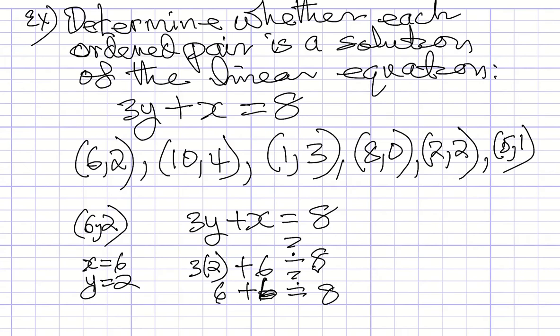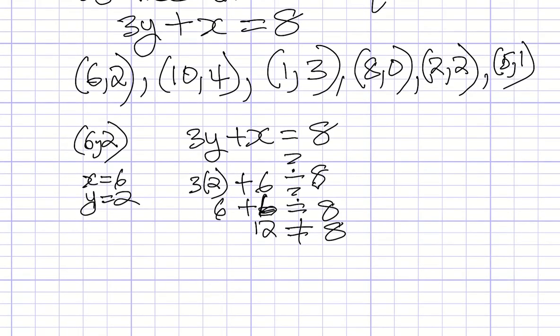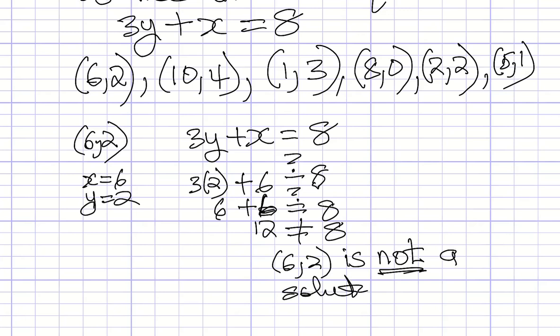If you simplify the left side, you get 12. 12 is not equal to 8. So that means the ordered pair (6, 2) is not a solution of 3y plus x equals 8. You understand that, right? Because this over here is false.